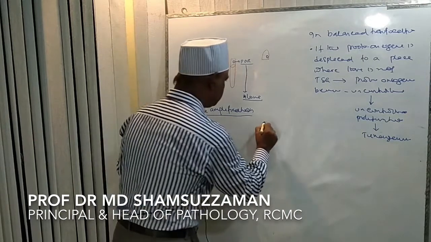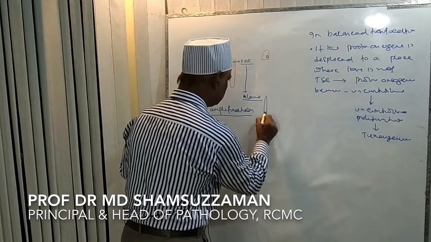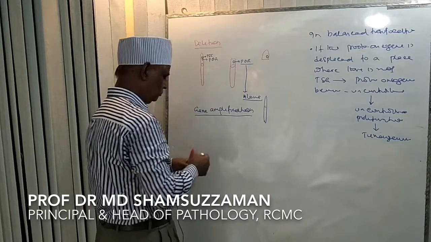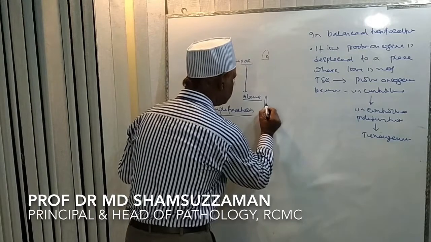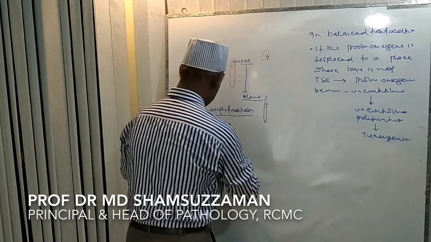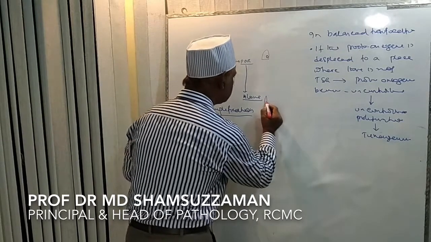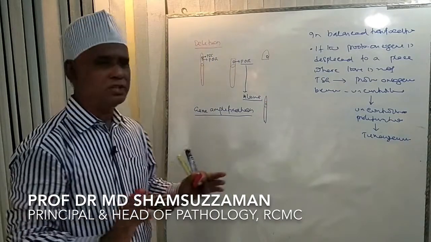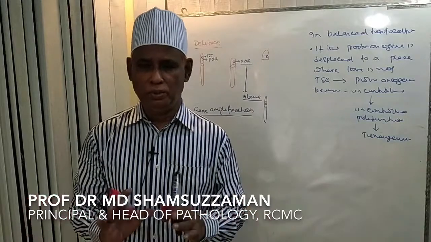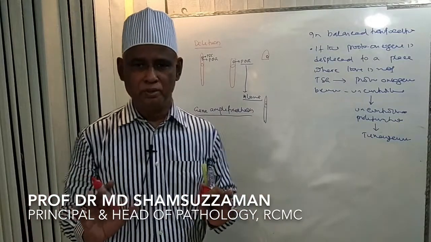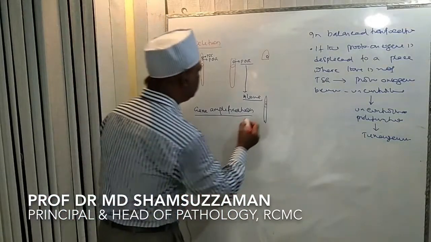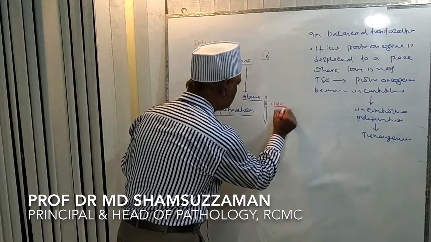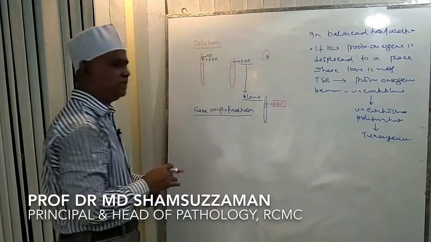Now come to gene amplification. Suppose this is the chromosome, the centromere, this is the proto-oncogene, and this is the tumor suppressor gene. In gene amplification, there is no deletion and no balanced translocation. Rather, the proto-oncogene undergoes amplification.